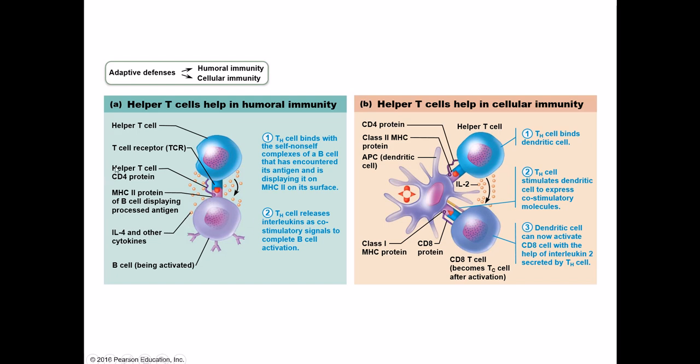And so if you do not have helper T cells, you're really going to lose both your humoral and cellular immunity. Here is a helper T cell that's helping to activate a CD8 T cell to become a cytotoxic T cell. It really is very vital that we get these helper T cells developing in the thymus.